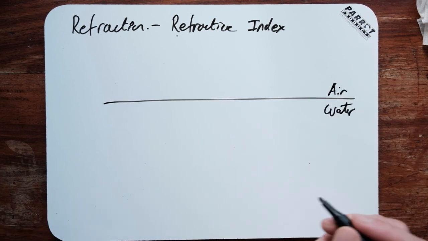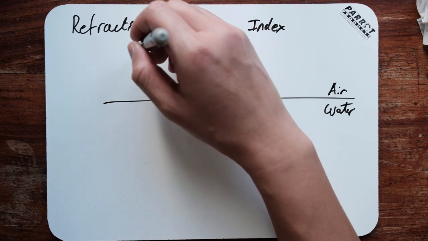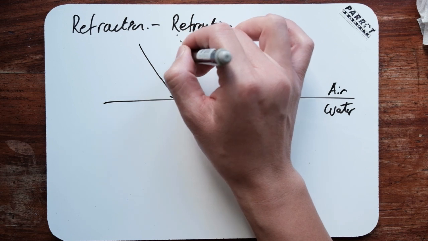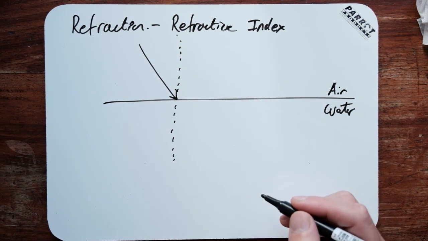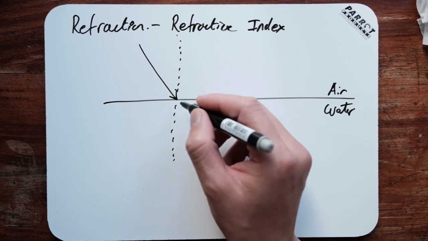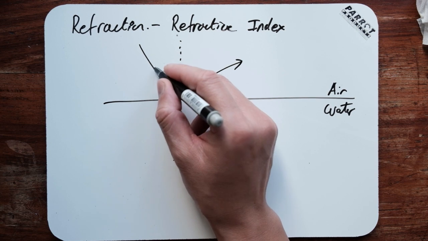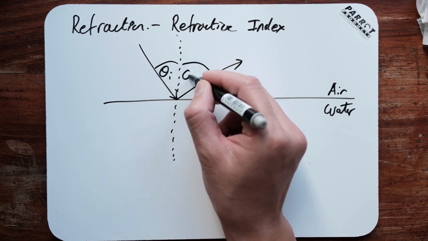Okay, so let's pretend we have an air-water interface. This is going to be easy to see in the video. If we have light that is incident on water, we know that water can also reflect light. So if we talk about reflection, then our angle of incidence is going to be equal to the angle of reflection.